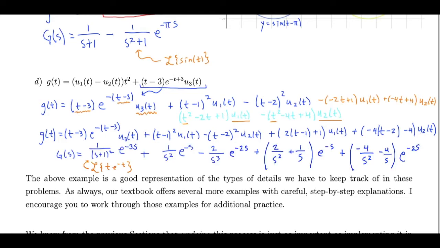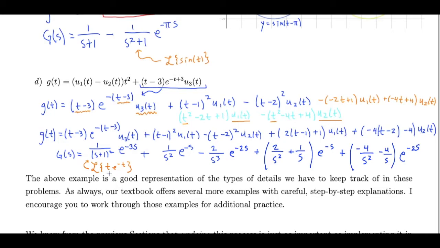Okay, so this is my Laplace transform. Let's just briefly go through it term by term. This first term has the structure of t e to the negative t. Of course, it's been shifted, but that's okay. So I'm simply going to take the transform of t e to the negative t.